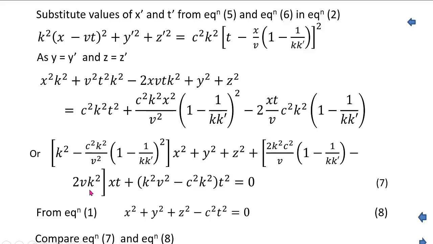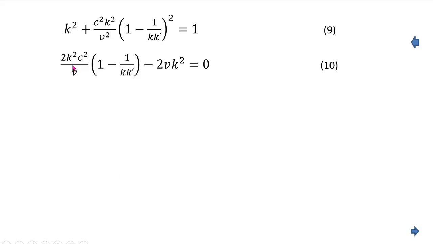This is the second equation. And the coefficient of t square is minus c square, and here the coefficient of t square is this term. Therefore comparing the coefficient of t square we get the third equation: k square v square minus c square k square is equal to minus c square. This third term.